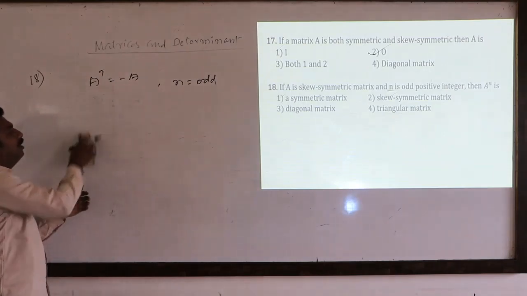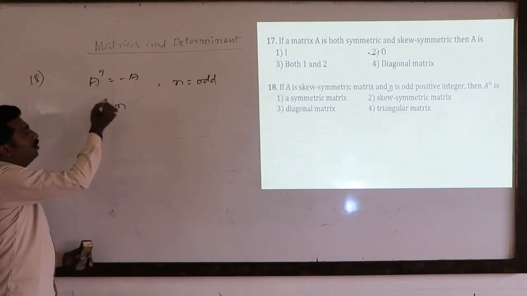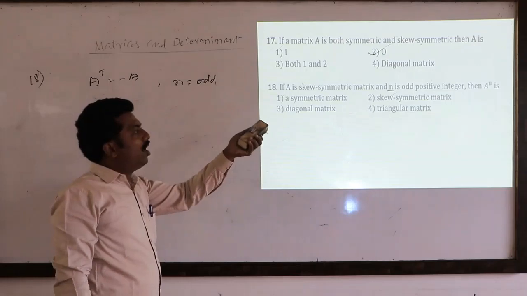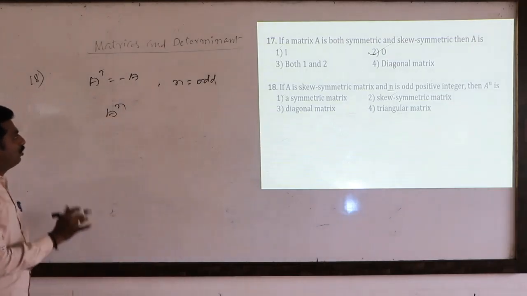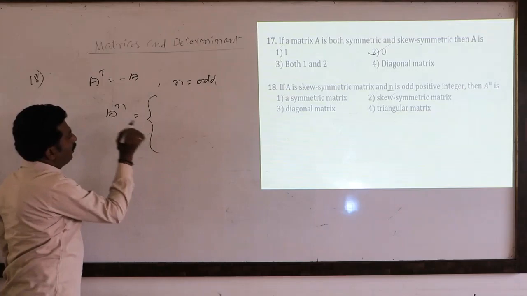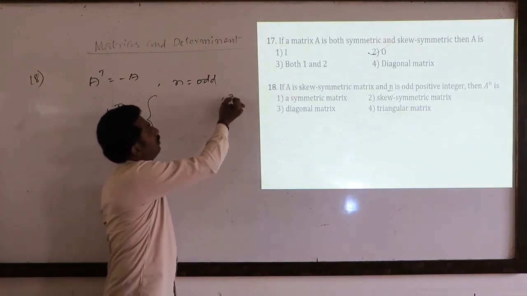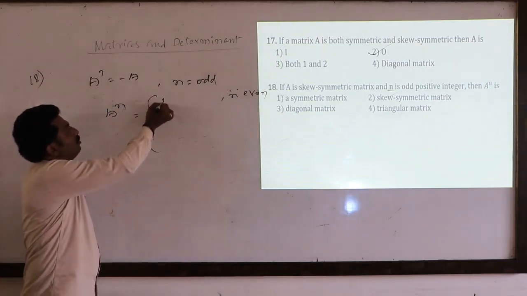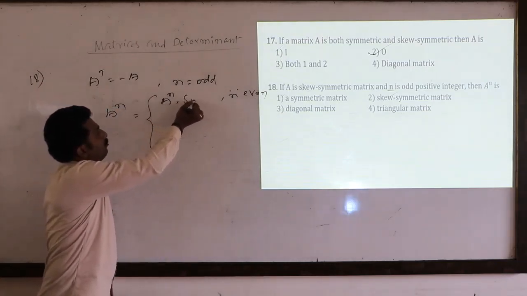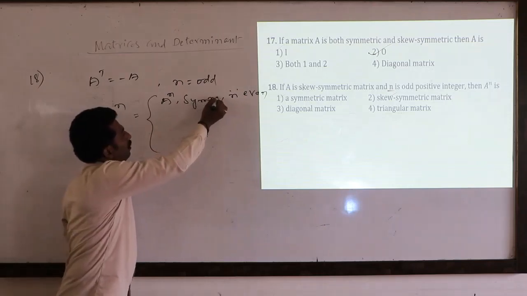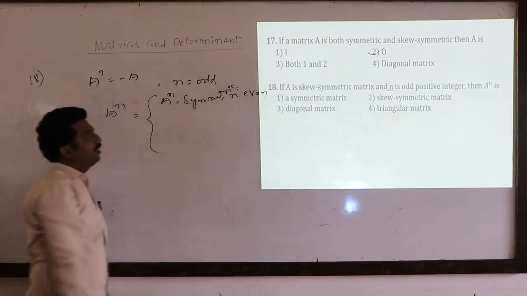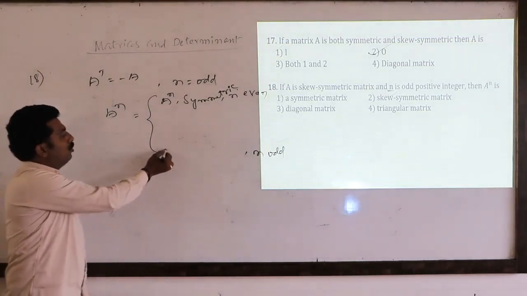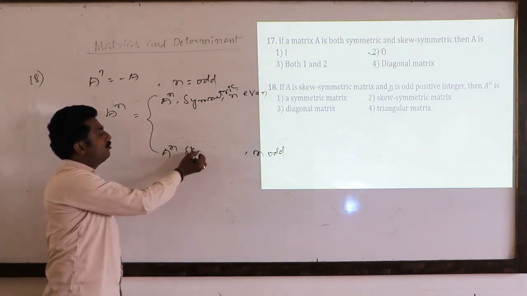If n is odd, it means A cube, A power 5, A power 11, like that. Odd powers only we have to consider. You remember, if n is even, A power n is symmetric. Suppose n is odd, then A power n is skew symmetric.